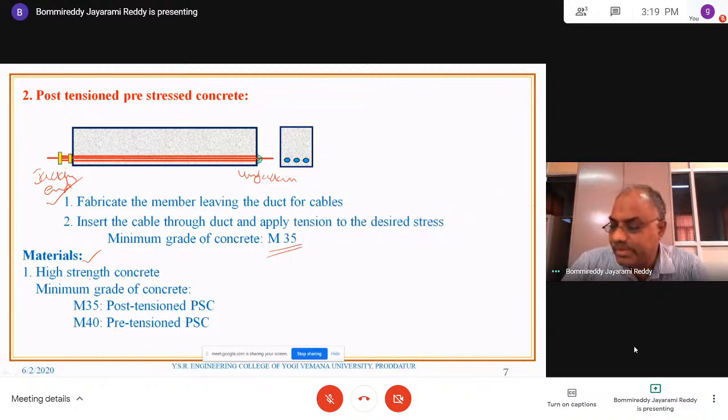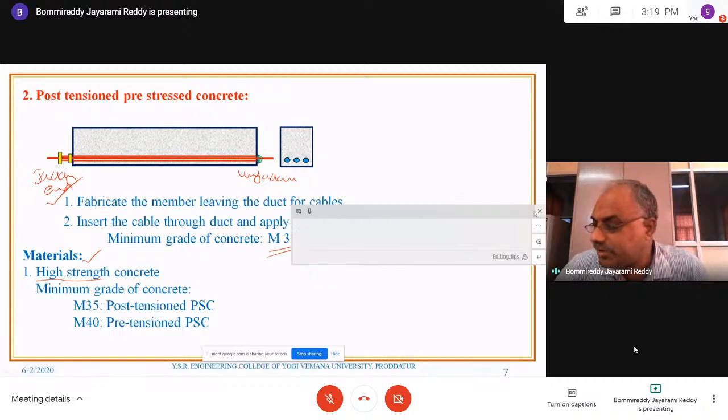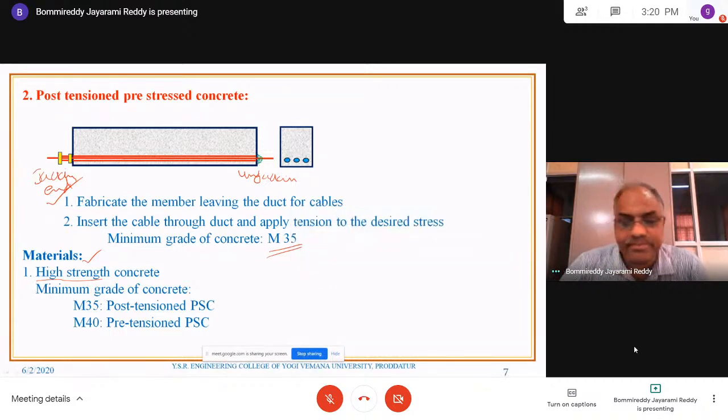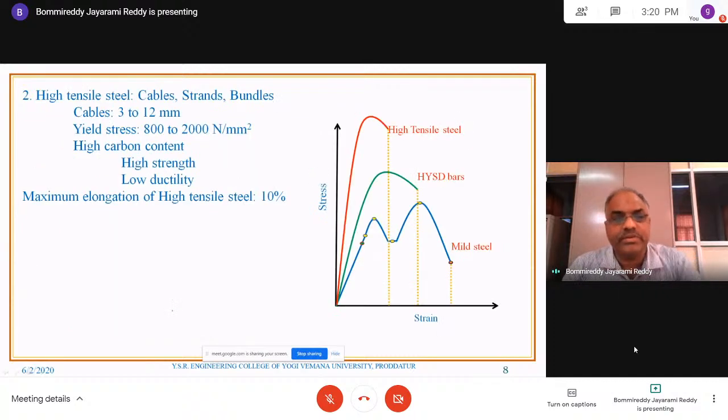Now here, two different types of materials are being used. One is concrete, but that concrete is always of high strength. M35 means high strength, M40 means high strength. The minimum grade of concrete is M35 for post-tensioned and M40 for pre-tensioned pre-stressed concrete.